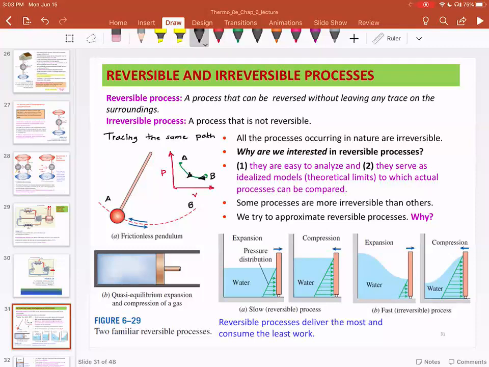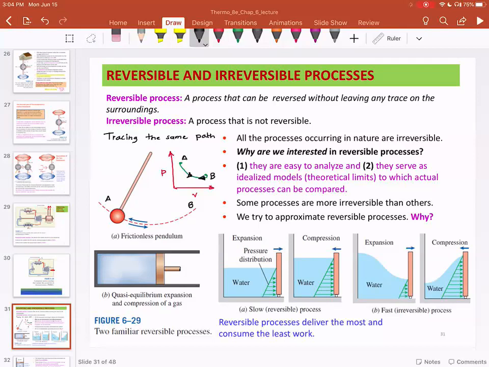Then it is called a reversible process. Reversible processes are not possible. It's an assumption, but that is the assumption we usually make to make our life as engineers simple.